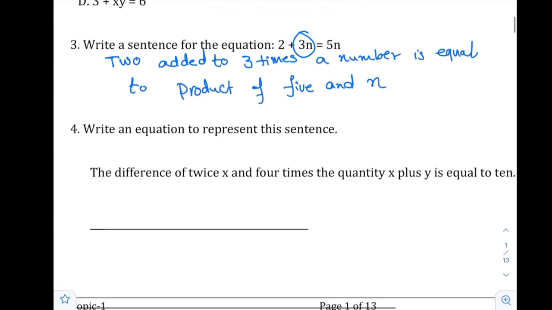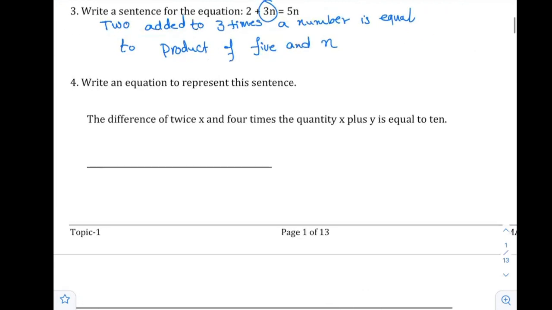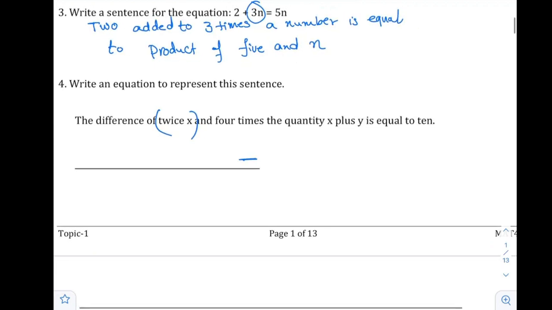Write an equation to represent this sentence. The difference, there is a minus sign. Twice x, so it's 2 times x or double x. This is the difference of twice x.